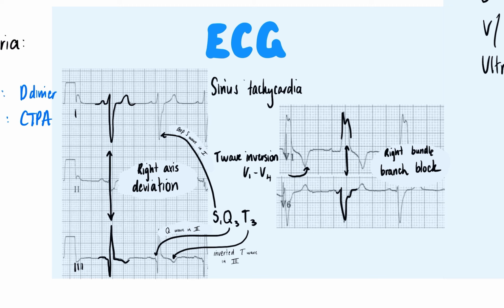So a couple of things that might be seen. Firstly, the thing that I find easiest to recognize is the right axis deviation due to the increased strain on the right heart. So you can see that by leads 1 and 3 reaching towards each other, which for me means right axis deviation.